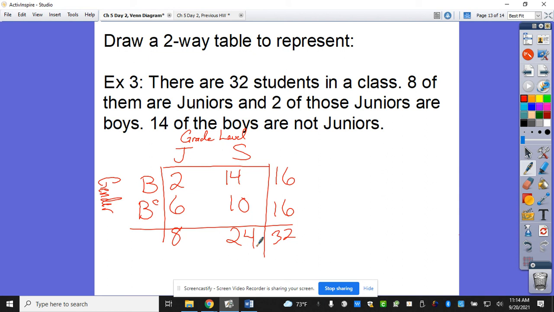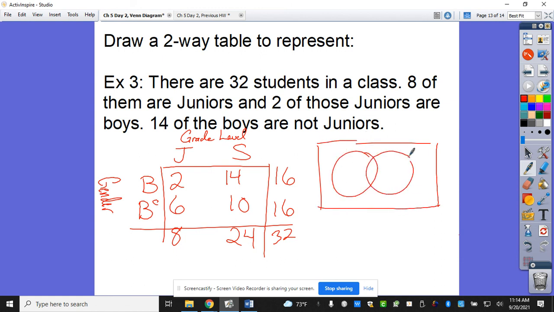What does this look really similar to? This is the exact same thing as our Venn diagram when we do this.